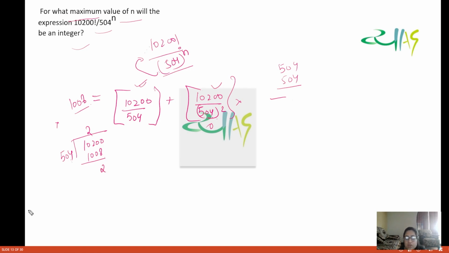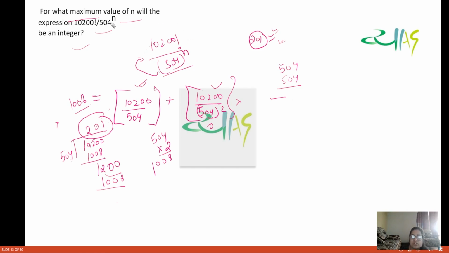Now you got 2 here, and you got 1 here, and you got 0 here. So now you are getting 8001. More than this you are not going to get any other number. So 1008. Now you don't need to divide, you got your integer. What is your integer? 201. You got your integer, because you want to find the greatest integer. So you got your 201.